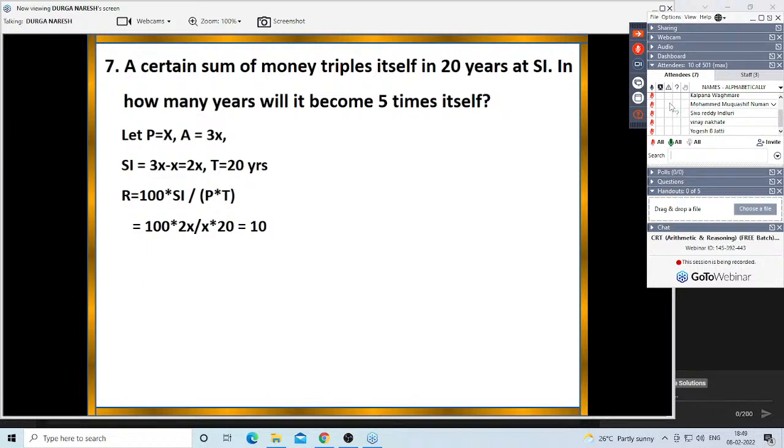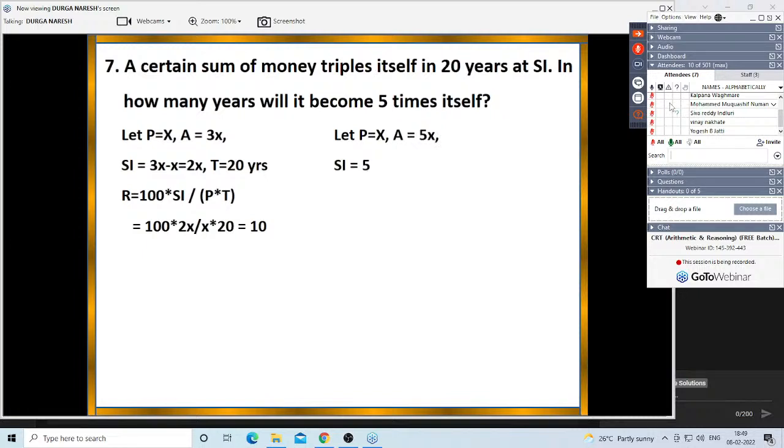With the same rate of interest, the principal x becomes 5x, so automatically SI becomes 4x.